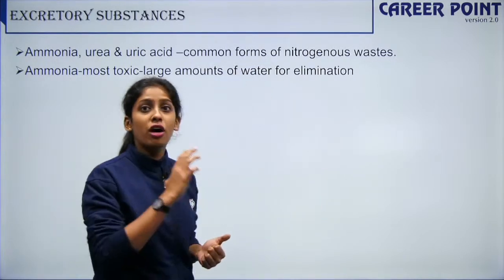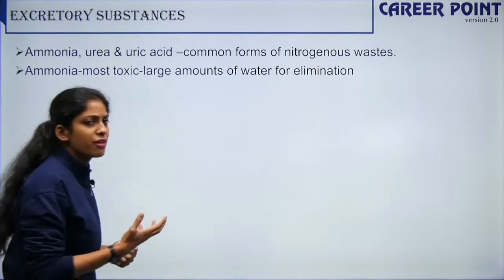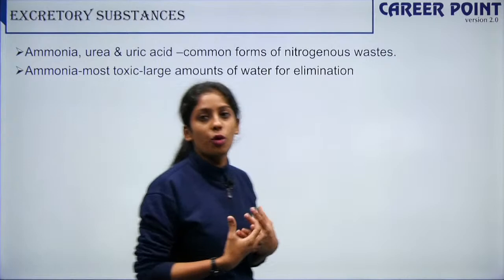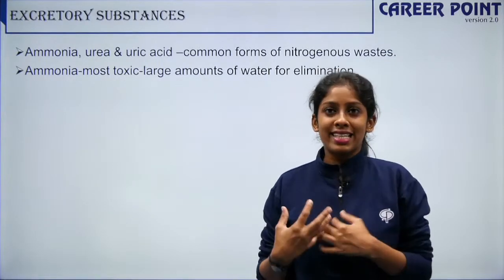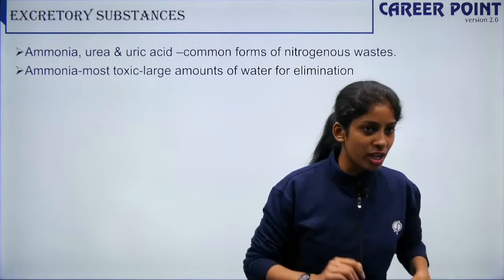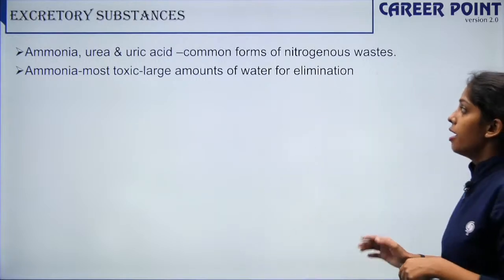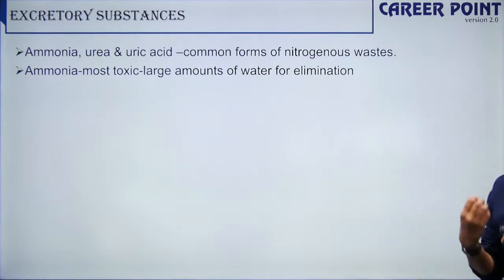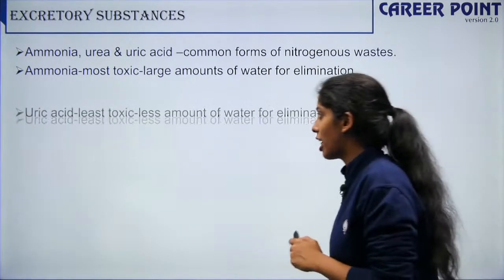So we cannot afford to eliminate ammonia, because ammonia needs a lot of water for elimination. We as terrestrial beings cannot afford to excrete ammonia as the waste product. So that is one part: ammonia is the most toxic and it requires large amounts of water for elimination.